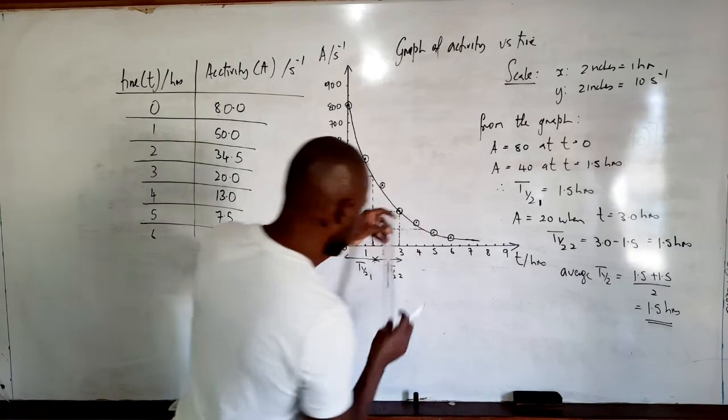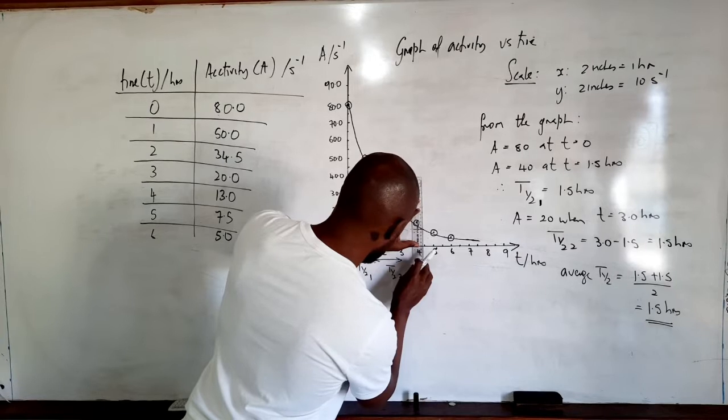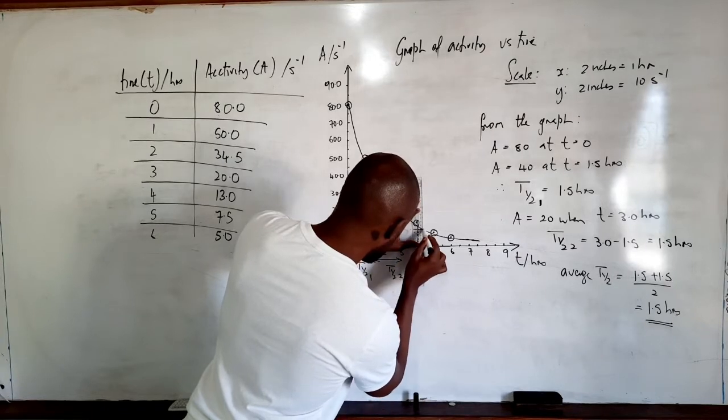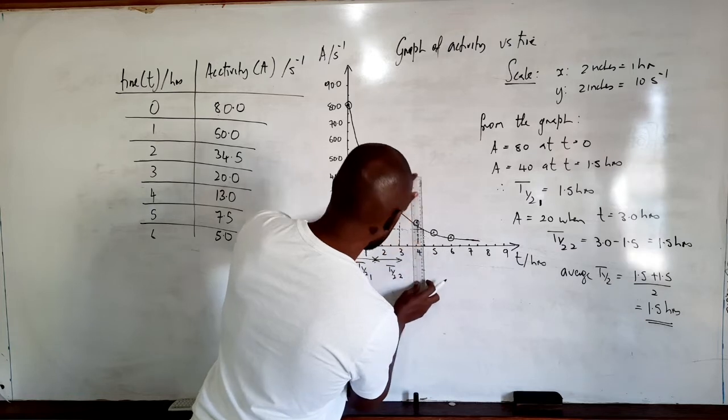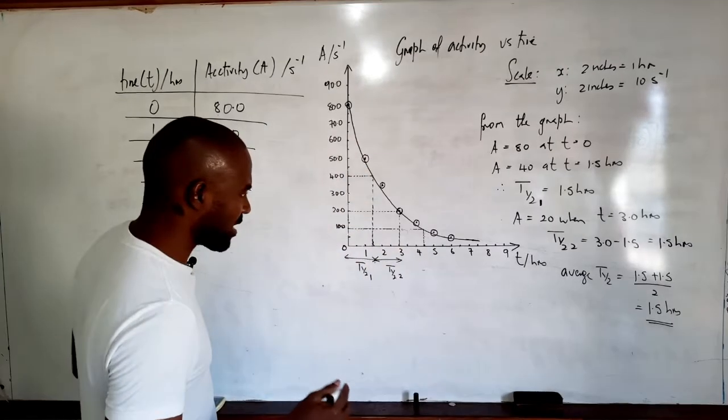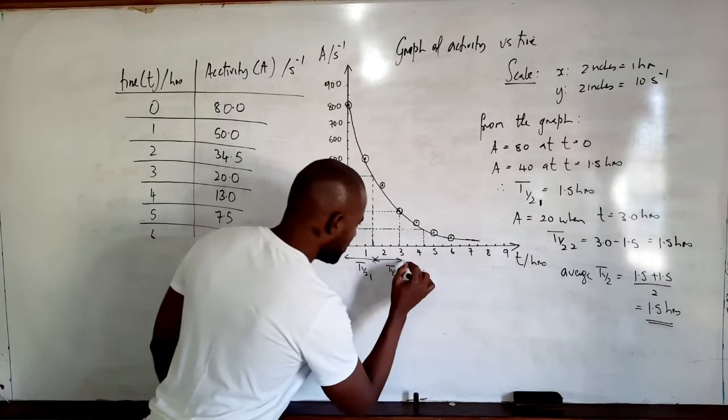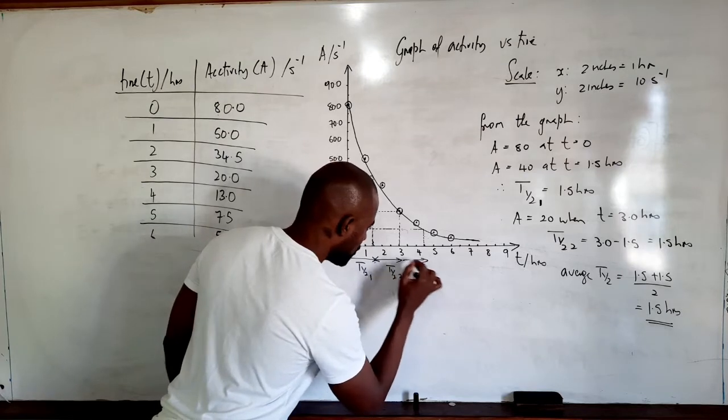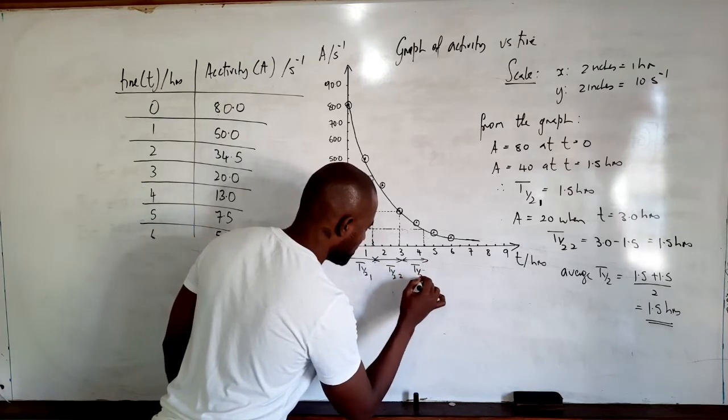Right, then we take a ruler and drop a vertical from that point down to the x-axis. Right, and that is looking like it is exactly at 4.5. So this interval would be our third approximation of the half-life.